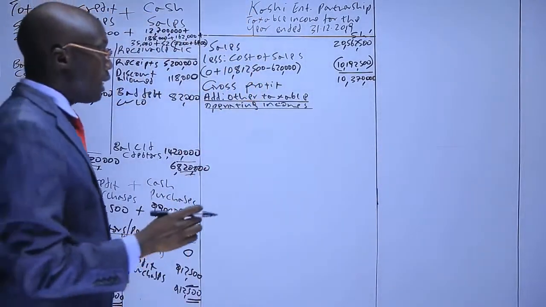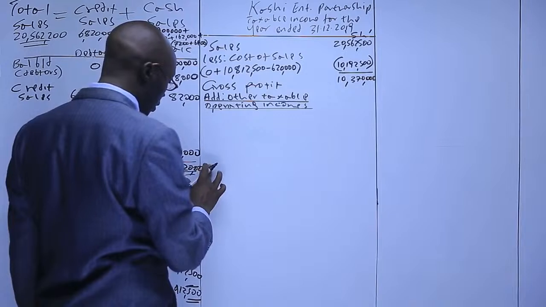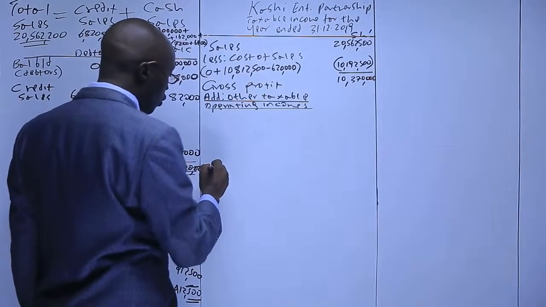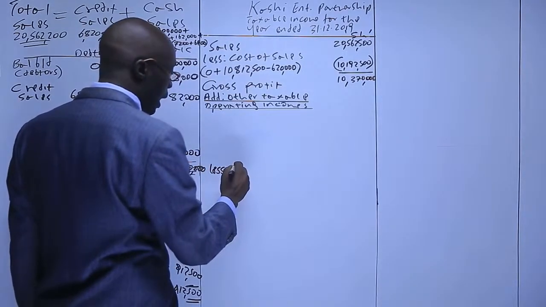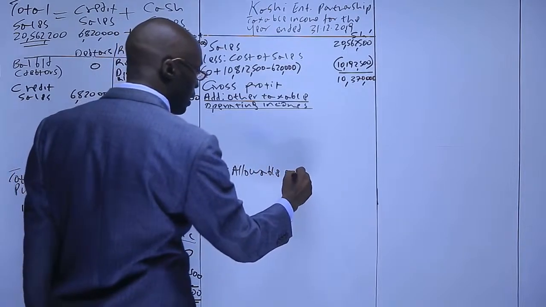Of which case we said you jump a space of like 3 lines and then you less, I want to bring this one here, 1,000. So you less allowable expenses after jumping around 3 lines. Allowable expenses.